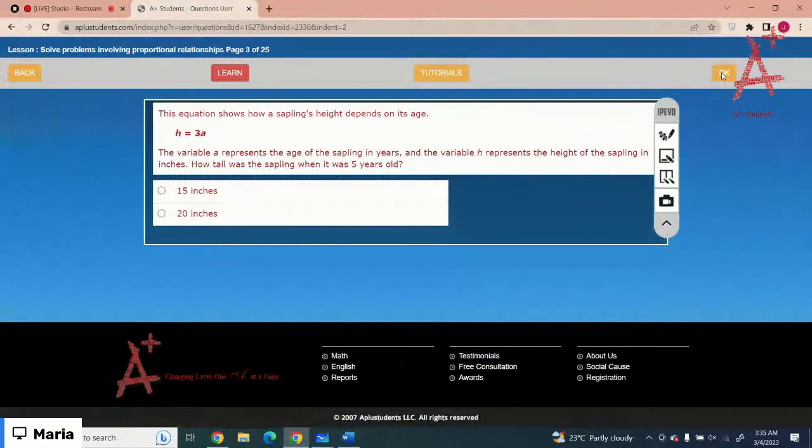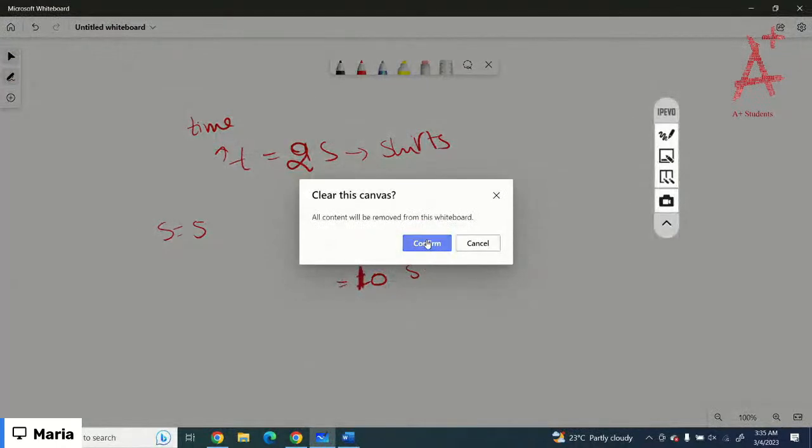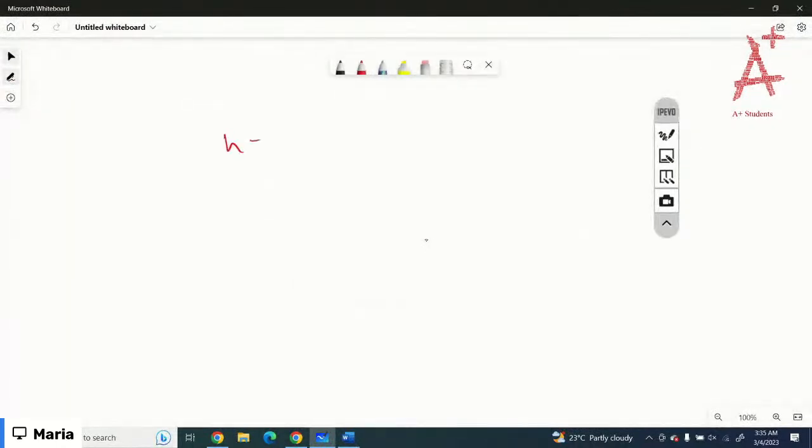So the sapling is 5 years old. A is the age and A is 5. So you need to do 3 times 5. H equals 3A. Got it?